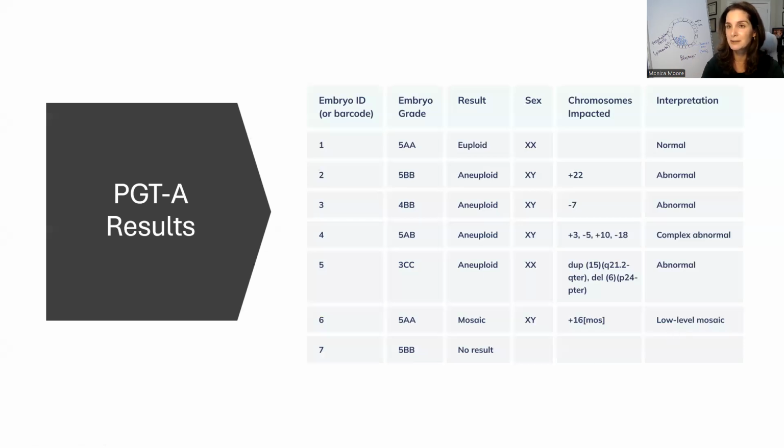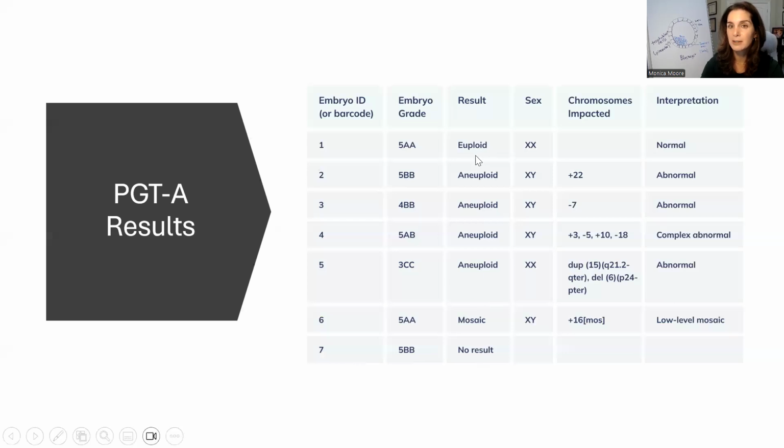Again, that's another conversation. Sometimes we're unable to get a result for some reason. There are cases where these can be retested, but sometimes for a lab reason or the way that the blastocyst is, we're just unable to get a result using the testing methods that we have to this day. So for this particular person, they had 7 embryos make it to blast and get biopsied.